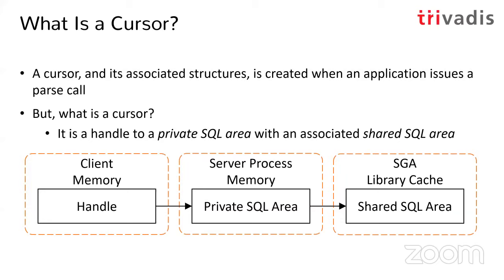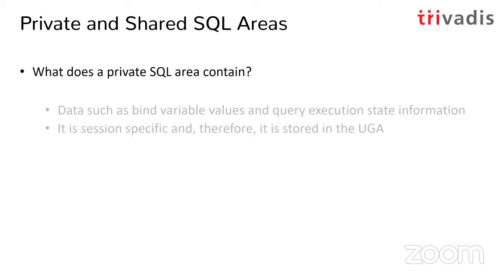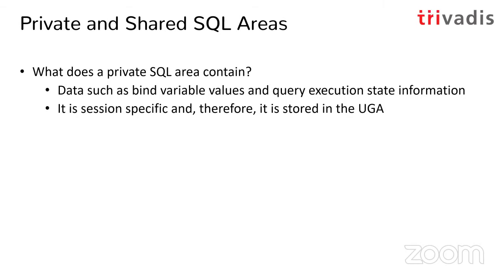But let's have a more detailed look at the private and shared SQL areas, what they basically contain. The private SQL area is, again, private to a specific session, so it contains data that cannot be shared with anybody else.